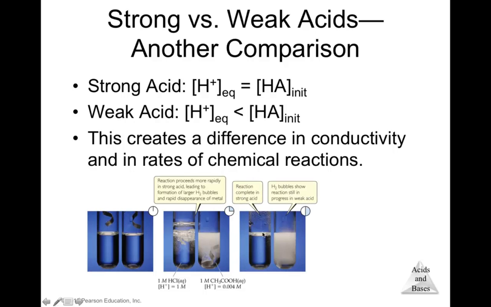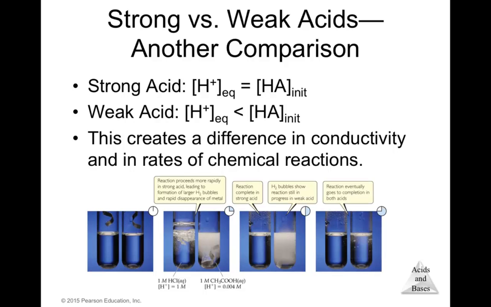We can see that the reaction is complete with the strong acid, while the weak acid is still reacting. Eventually the weak acid is also going to complete that reaction, but it took more time than the strong acid. So that's another difference: the strong acid is going to react faster than the weak acid.